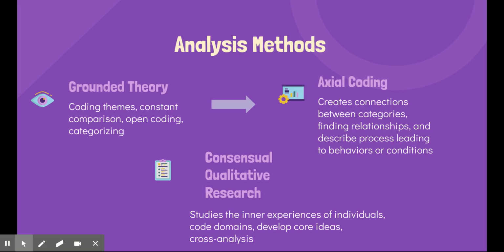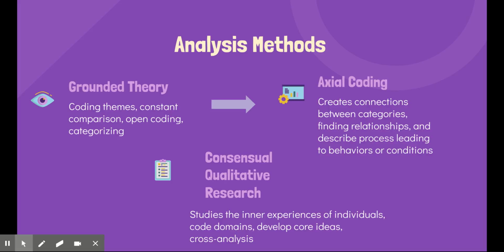It codes themes and has constant comparison between all of the different interviews or observations that are done. It has open coding, which is a way of analyzing, building theory, and categorizing.